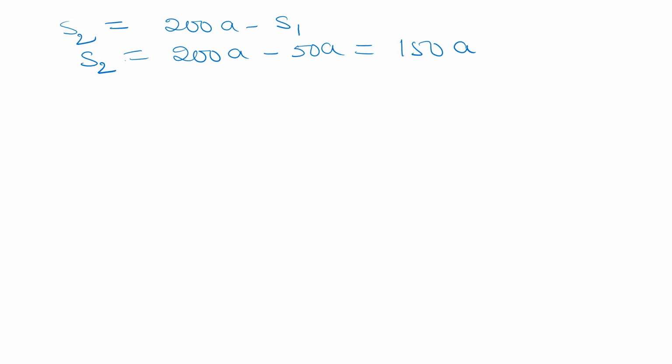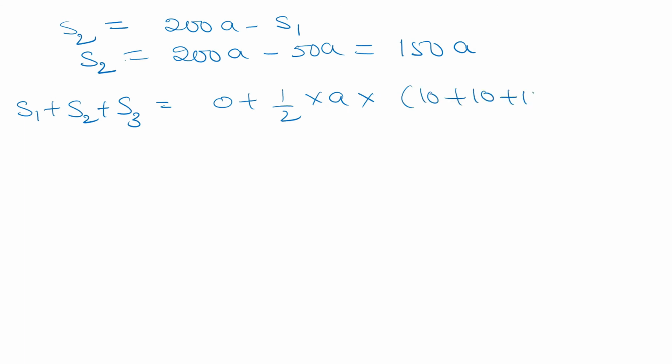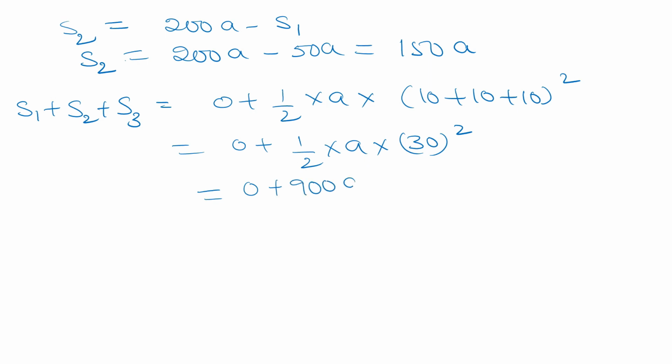Now S1 plus S2 plus S3 is equal to 0 plus half into a into 10 plus 10 plus 10 whole square. So that is 1 by 2 into a into 30 whole square. 30 square is nothing but 900, so 900a by 2.